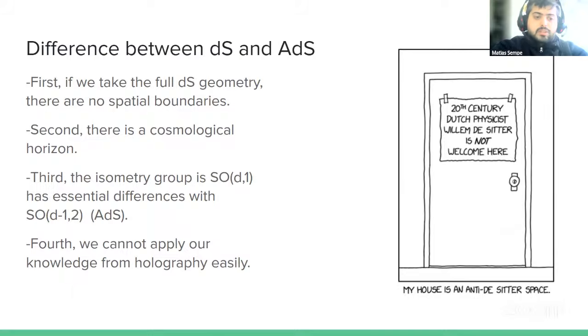Third, the isometry group is SO(d,1), which is very different from SO(d-1,2). For example, one of the main differences is that even if we graph a static patch that looks static, as the word says, the time translation in the global sense is a boost. So it's an SO(1,1), which we will use later, actually.